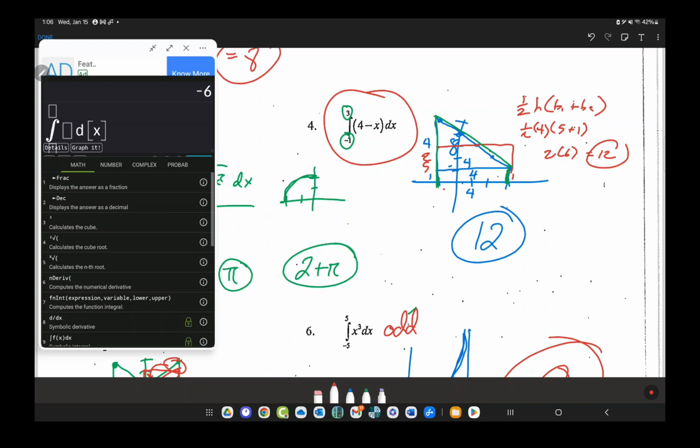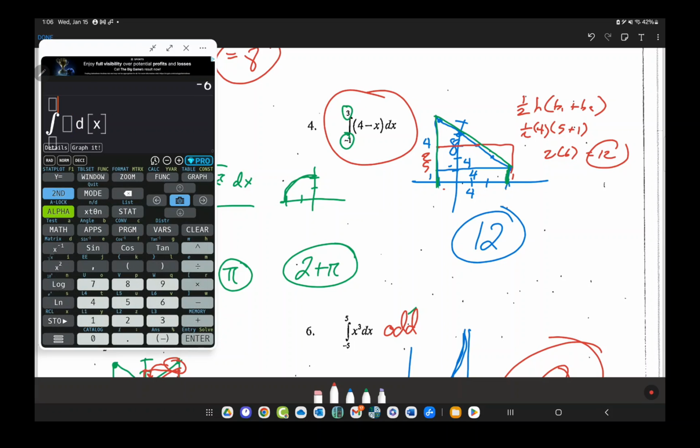So it's finite integration, right after derivative. It gives you that, and then you just type everything in. We went from -1 to 3, so 3 and -1, with 4 minus x. And then 12.